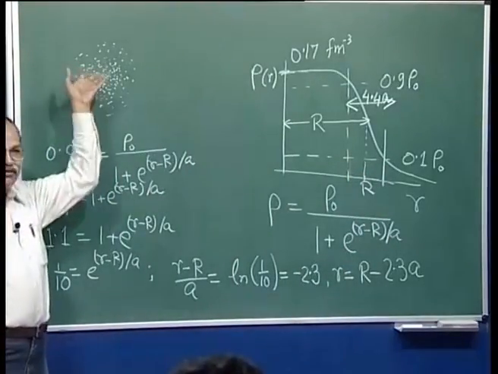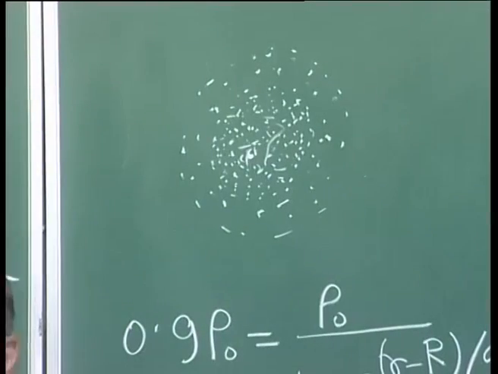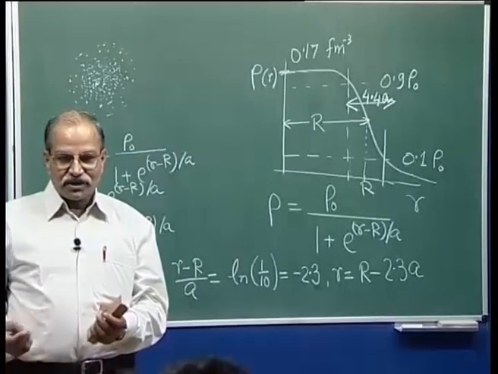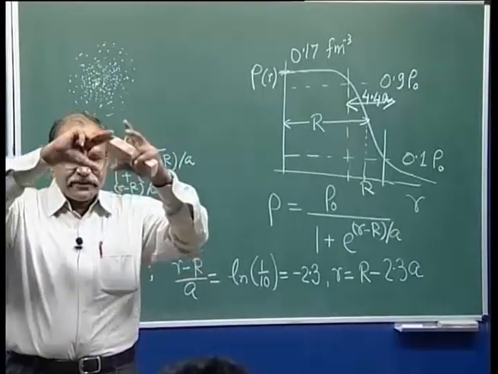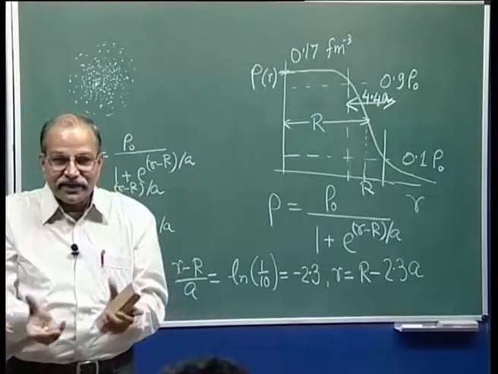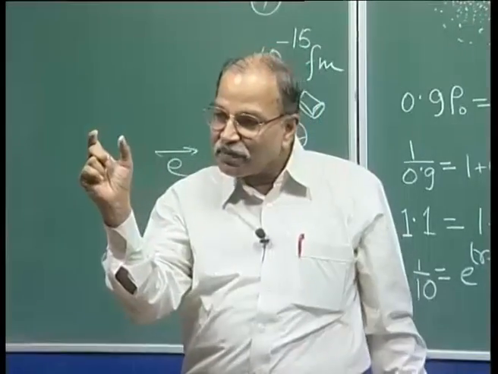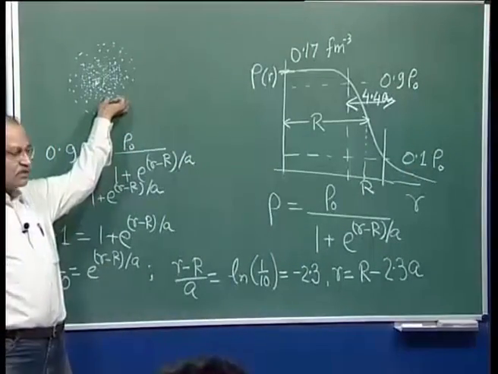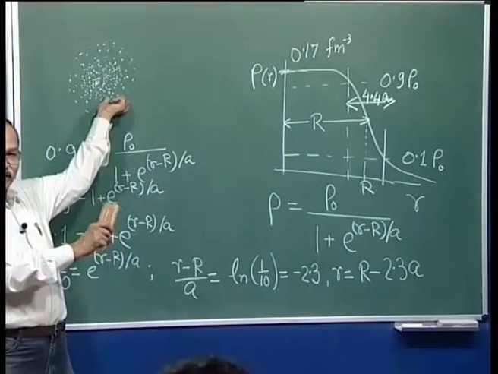So, you can think of this nucleus in two parts. One is a central core, which is almost uniformly populated by neutrons and protons, and on that there is a shell, a cap, and the thickness of that cap is almost 4.4 A.